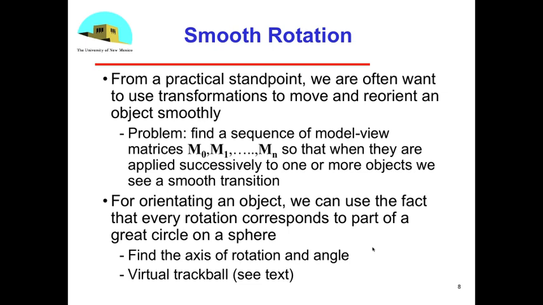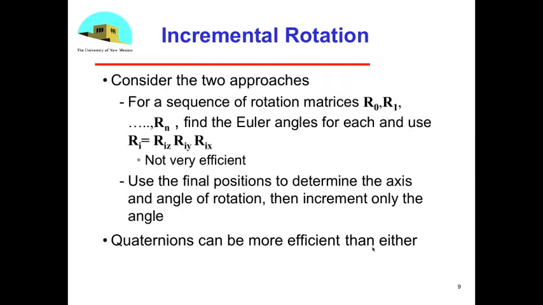What that does is say, when I rotate a trackball, it gives me positions that I can interpret as a couple of positions on a great circle that will define an axis of rotation and a smooth rotation. The other way is to try and do it incrementally, so that you get a sequence of rotations, where, as we said a minute or two ago, each of those is very small.